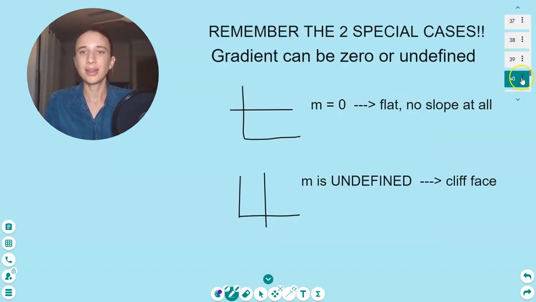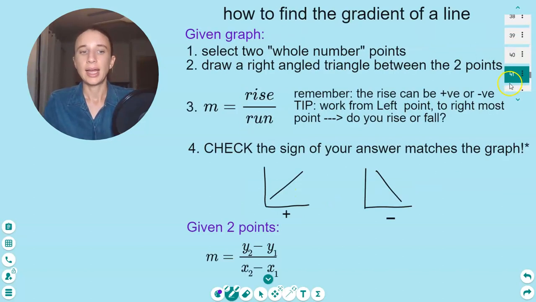Okay, and then I think, yeah, just a little recap from the last video. These lines, so this line here has a gradient of 0. It's a flat line. And a gradient that's like a cliff straight up and down is undefined. M equals 0, M is undefined. And yeah, these are our tips.